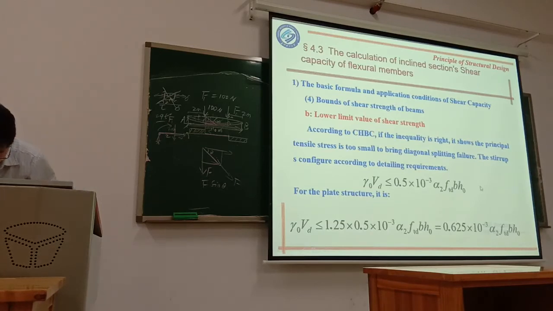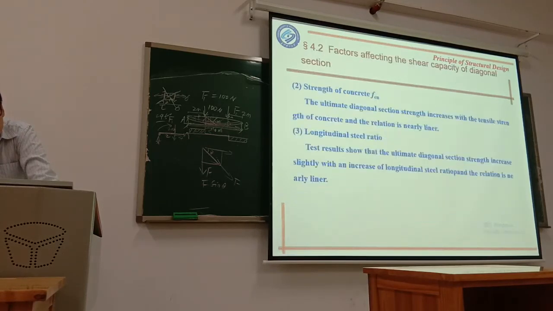So from this equation, this is the lower limit value for the shear strength. If the dimension meets this requirement, then this beam will not fail like the splitting failure. I'm not sure if I'm clear or not.